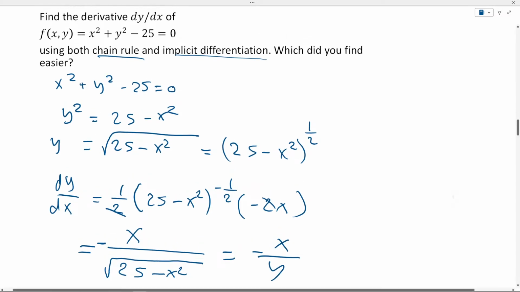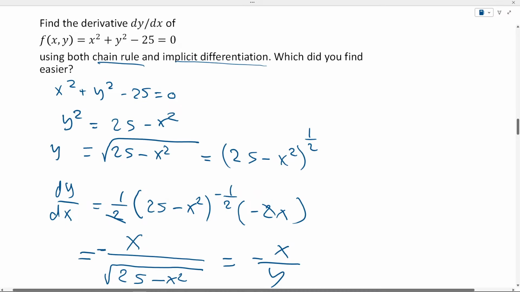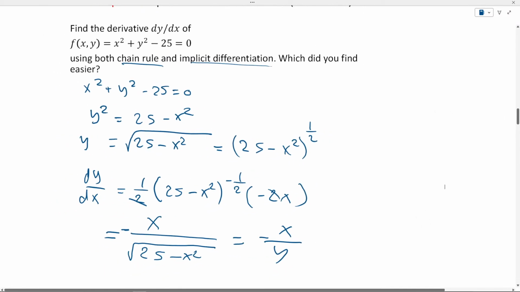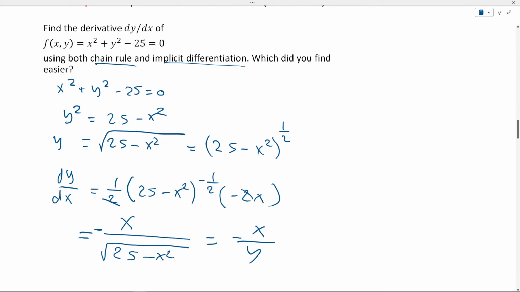So that is how I solved this using the chain rule. That's why I told you I wanted to cover this, because that will help you in the FE exam. So in the FE exam, if it tells you to find dy with respect to dx, you can follow this procedure and use the chain rule. But if you know implicit differentiation, you will say, oh, you know what, I have a rule here.